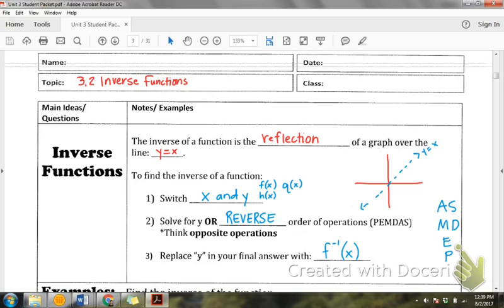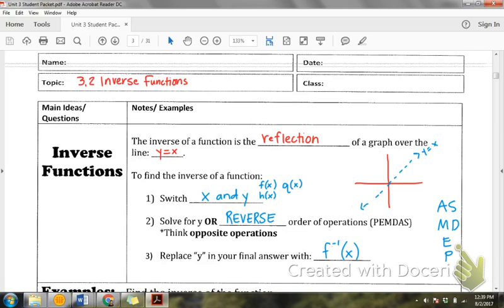When you put the label on, you're saying this is the inverse of the original equation. Okay? So these are our 3 steps. Switch x and y, solve for y, then you replace y. All right? So let's get into this. Now, we are doing a few examples, and when I say a few, I think I have like 6 examples on here because I want you to have enough where you know what you're doing when you do your homework.